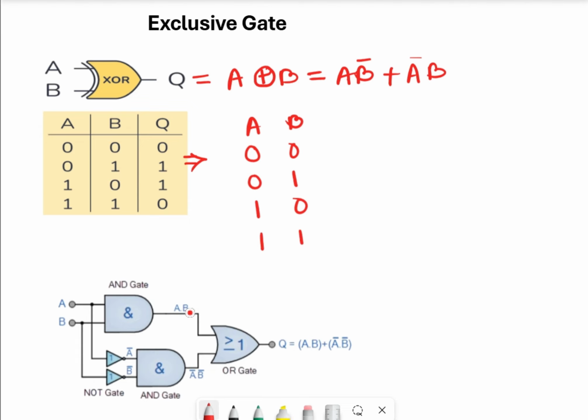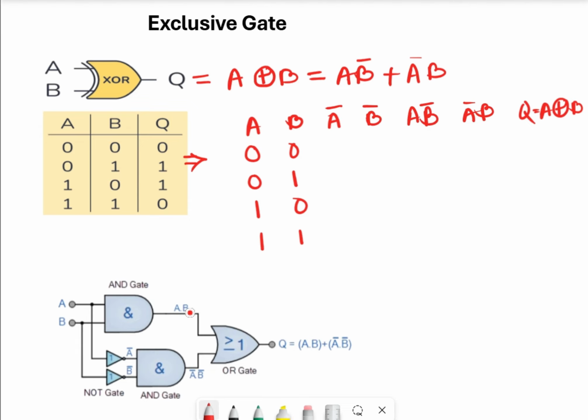Indeed, we have to have A bar as well and B bar. So we could write down A B bar and A bar B, and Q, the total output, is equal to A exclusive-OR B, which is the sum of A B bar and A bar B.